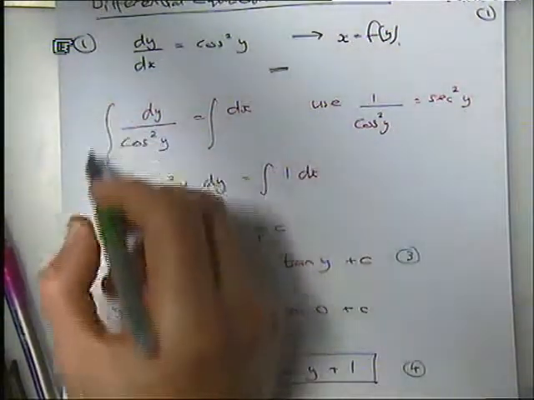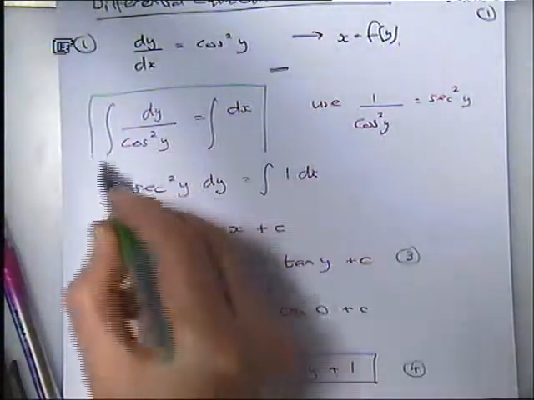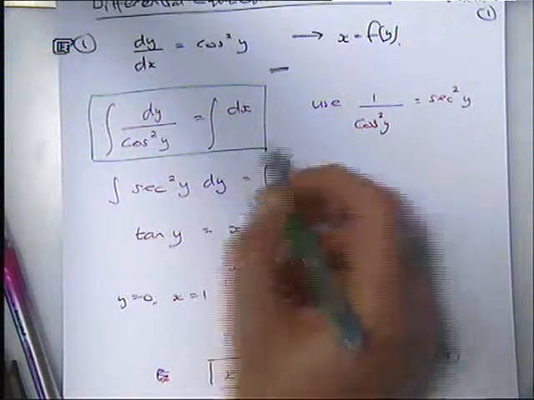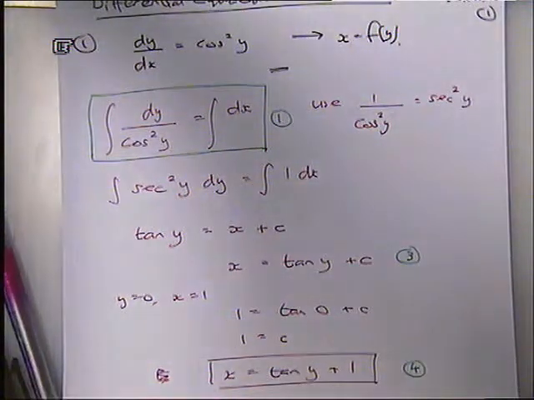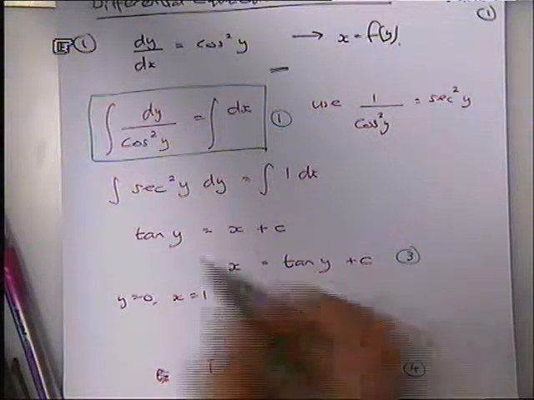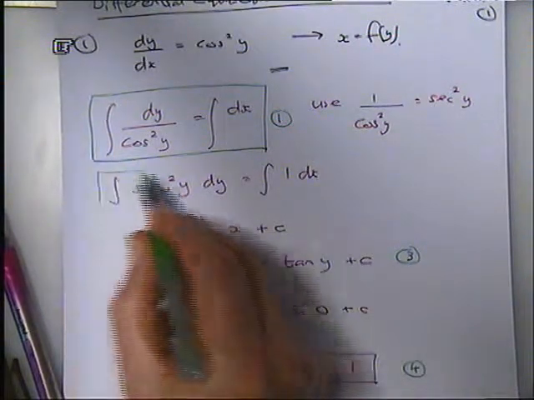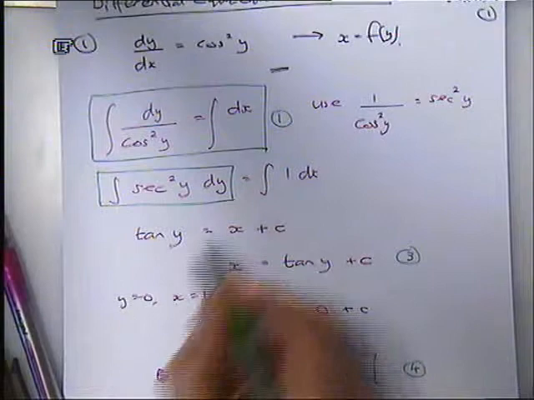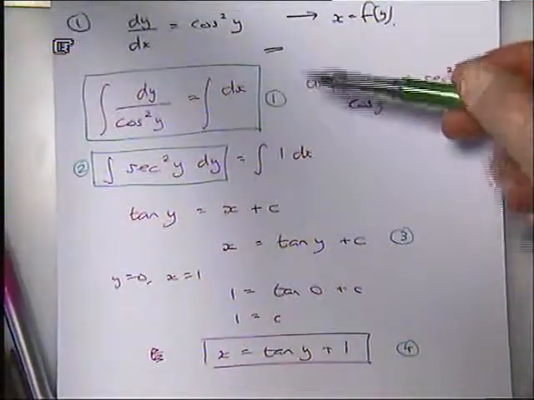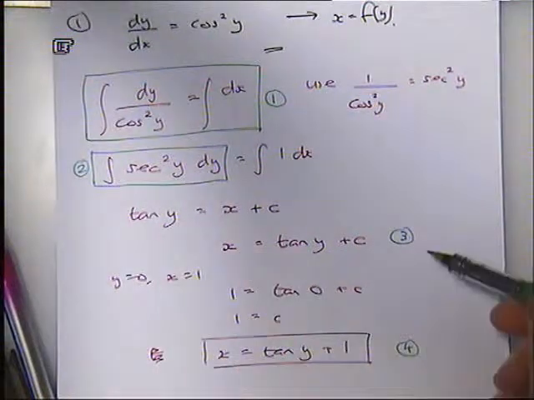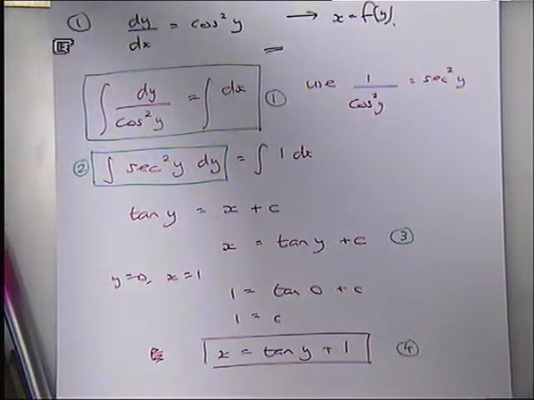So first of all, from getting to there, which is separating the variables and knowing you've got to integrate, if you got that far, have a mark. If you were able to realise that that is what you needed to do there, you can have 2 marks. So 1 mark for getting up to there, 2 marks for getting to there, 3 marks for getting to there, 4 marks for getting to the end.